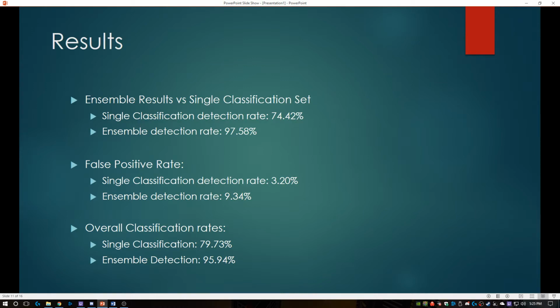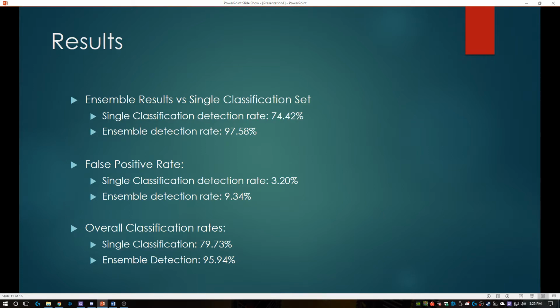This is where that misuse classification of the data mining actually comes in and helps these experimental results. The data mining is utilized to help analyze this 9.34% of false positives to determine if these are true cyber attacks or if they're false positives.